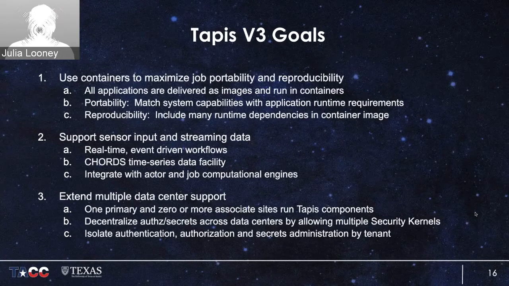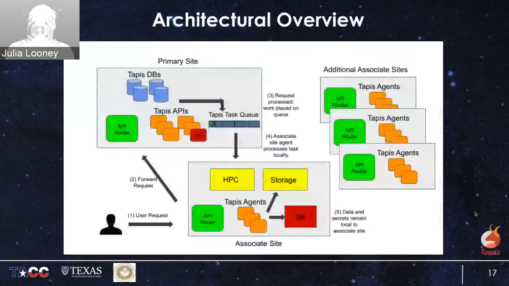The decentralized authorization and secrets access will be implemented by allowing multiple security kernels to run in the system, some on associate sites and on the primary site. So the idea is that we're going to be able to isolate authentication, authorization, and secrets management by tenant. And we'll see where that comes in a slide or two.